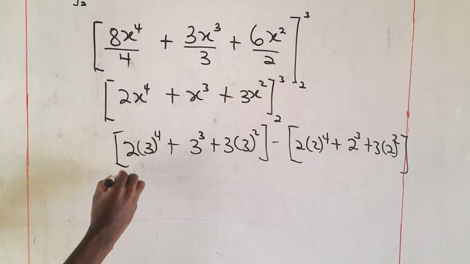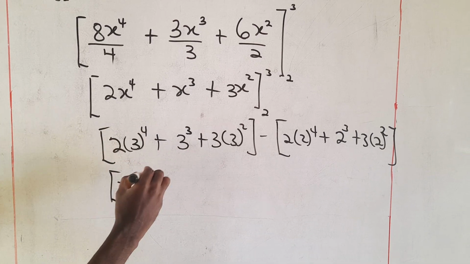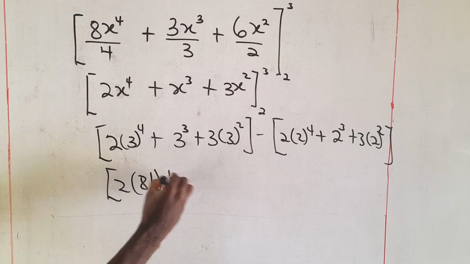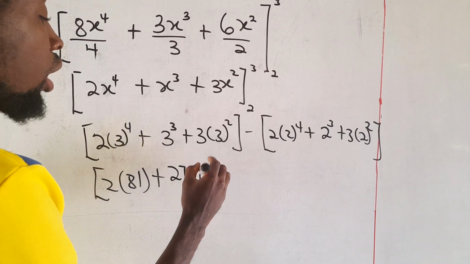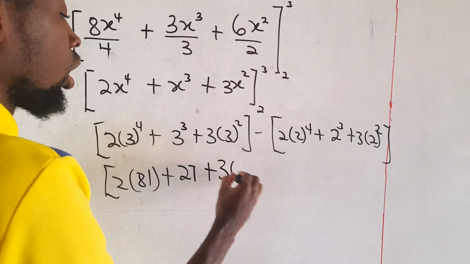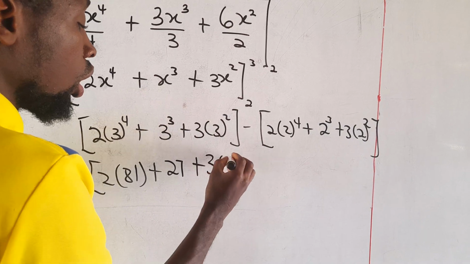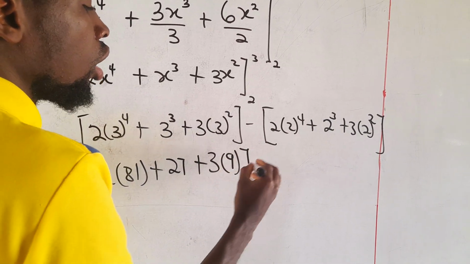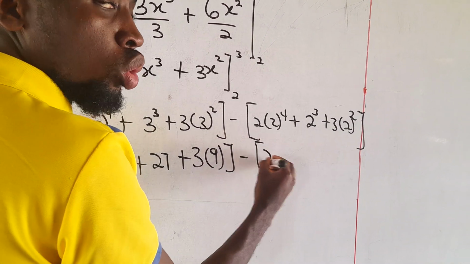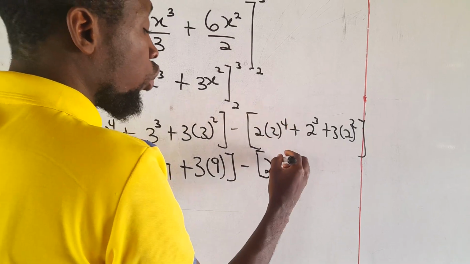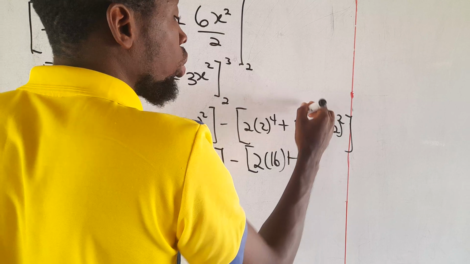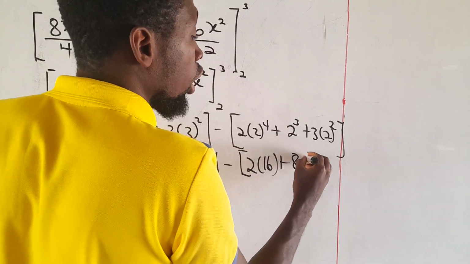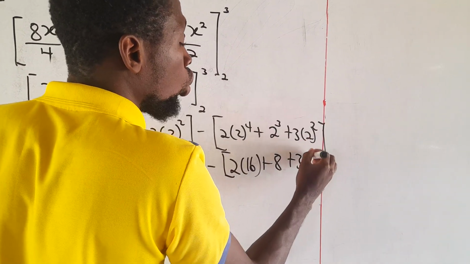So what do we have? 3 exponent 4, that will be 81, plus 3 exponent 3, that will be 27, plus 3 exponent 2, that will be 9. Then minus 2 bracket 2 exponent 4, that's 16, plus 2 exponent 3, that will be 8, then plus 3, 2 exponent 2 is 4.